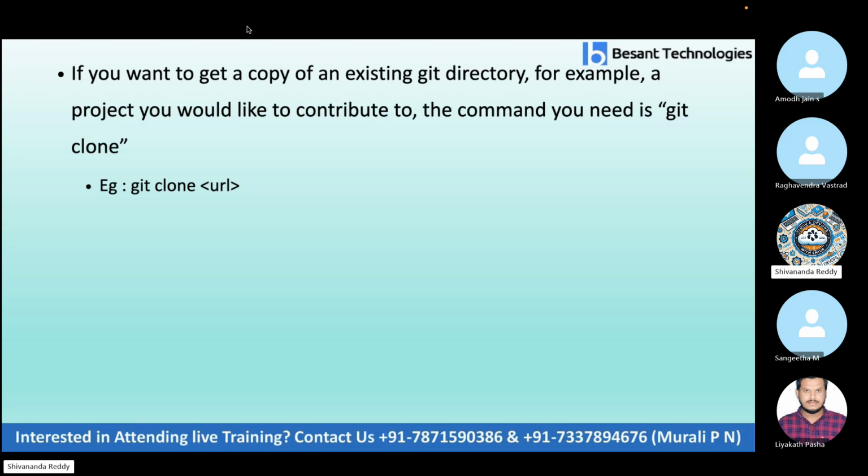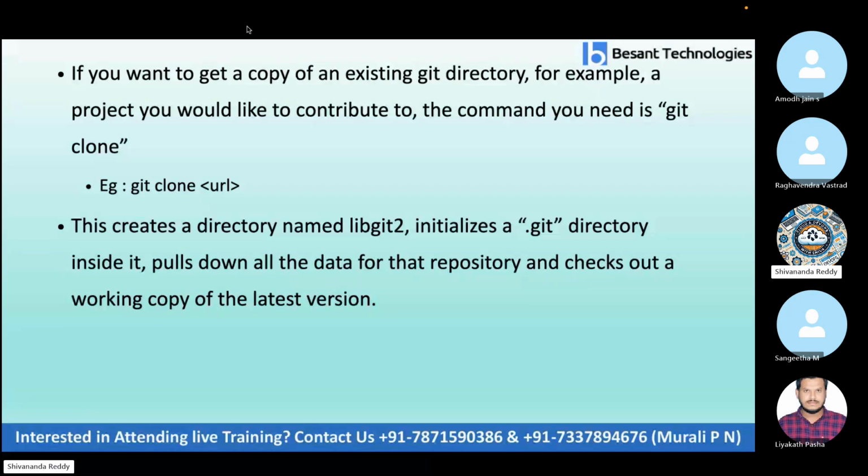This is the GitHub SSH URL. You can copy the SSH URL and paste it here so that the repository will be cloned. This creates a directory named libgit2, initializes a .git directory inside it, pulls down all the data from the repository and checks out a working copy of the latest version.